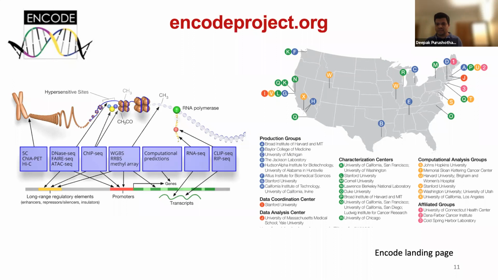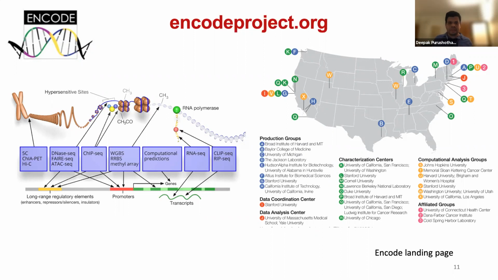It could be DNA-seq, DNA hypersensitivity, assays to check DNA methylation, different immunoprecipitation techniques where you pull down the proteins that interact with the DNA and RNA, or histone modification, transcription factors, chromatin regulators, RNA binding proteins, all of these. You can think of an assay, they're probably doing it and making this data available to the public.